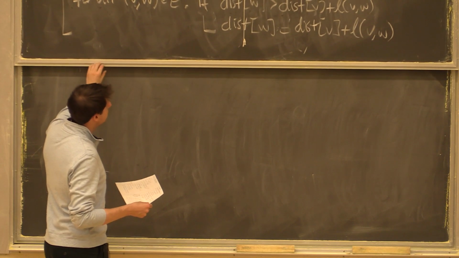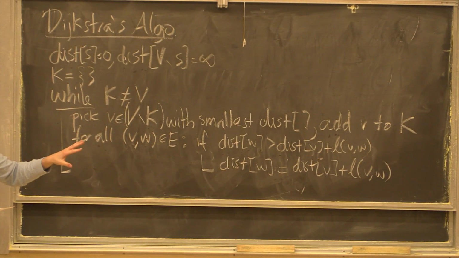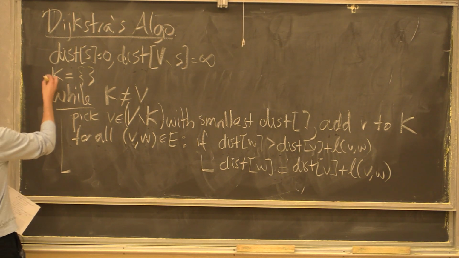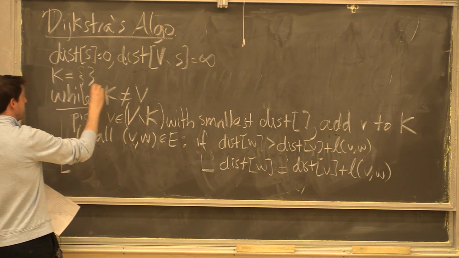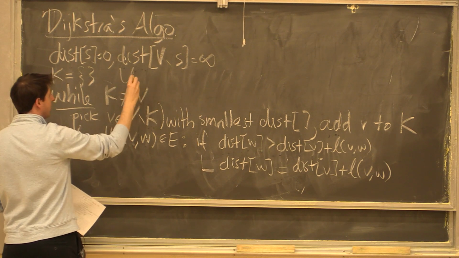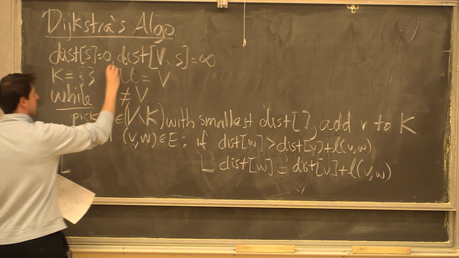So the first thing we're going to do is negate the logic. Instead of starting with an empty known set, we're going to start with a full unknown set. So here, instead of K being empty, I say U, for unknown, please start to be everything.